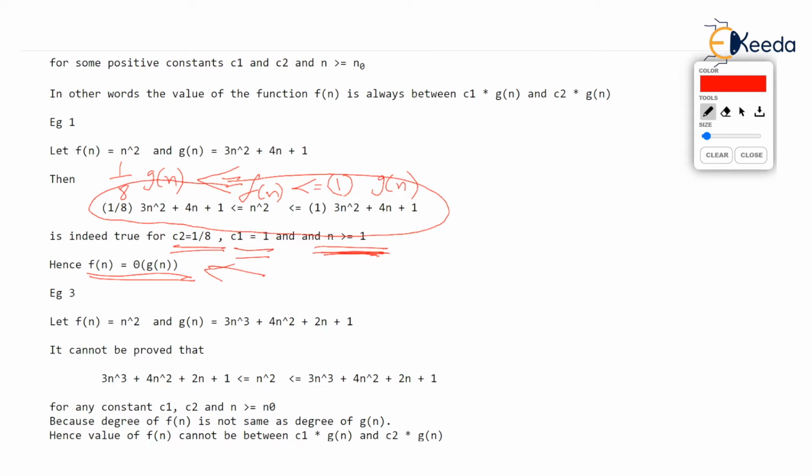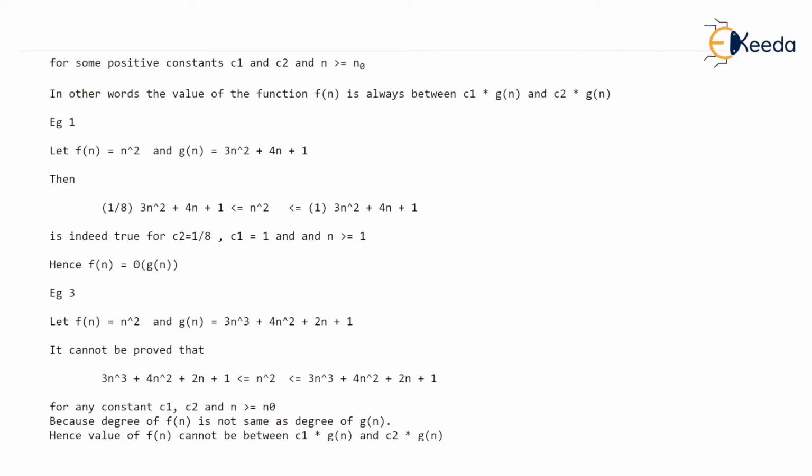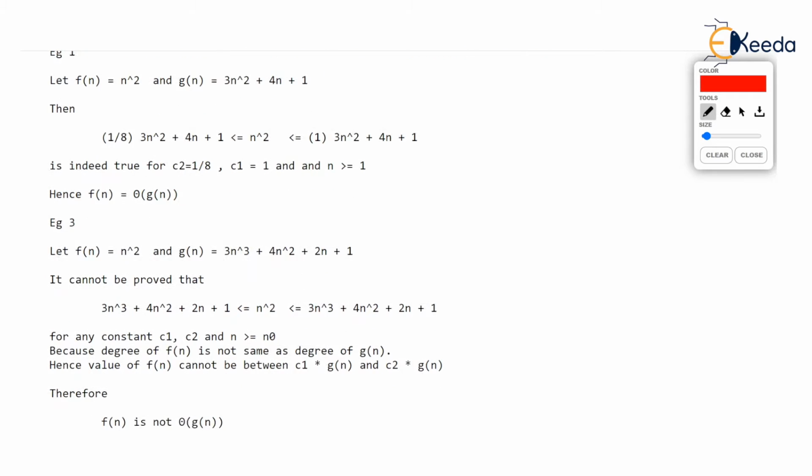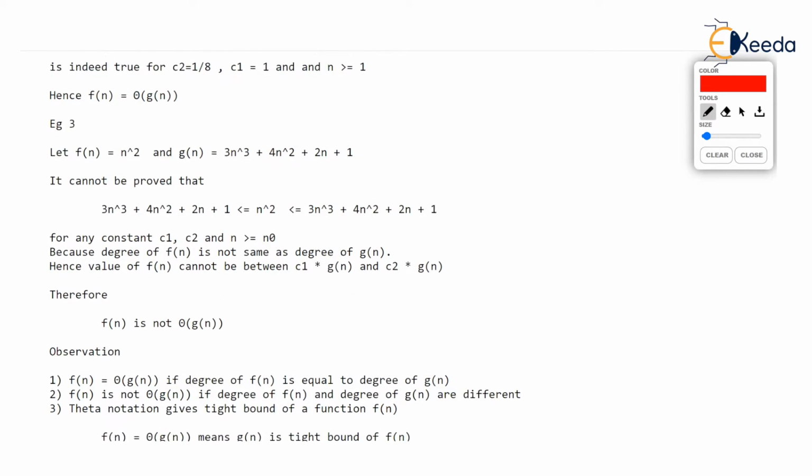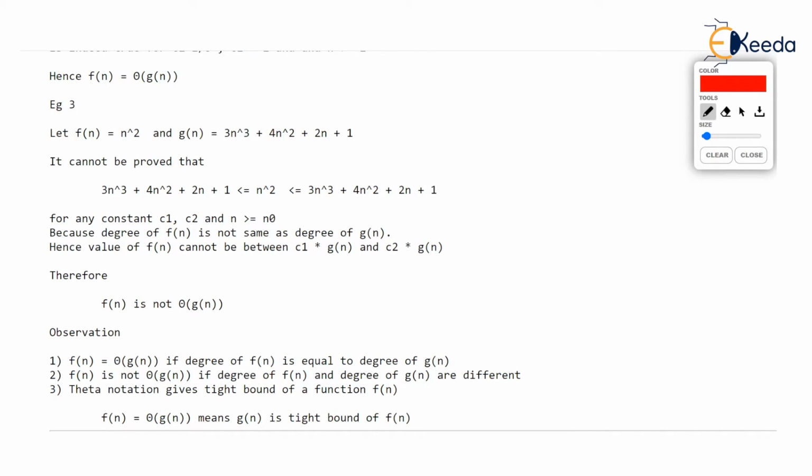Let's see a very interesting example now. Example 2. You should instantly get this, and you should be able to say that theta cannot be proved here. Let's see, Fn is n square, and Gn is 3n cube plus 4n square plus 2n plus 1. Somebody asks us, is n square less than or equal to 3n cube plus 4n square plus 2n plus 1?